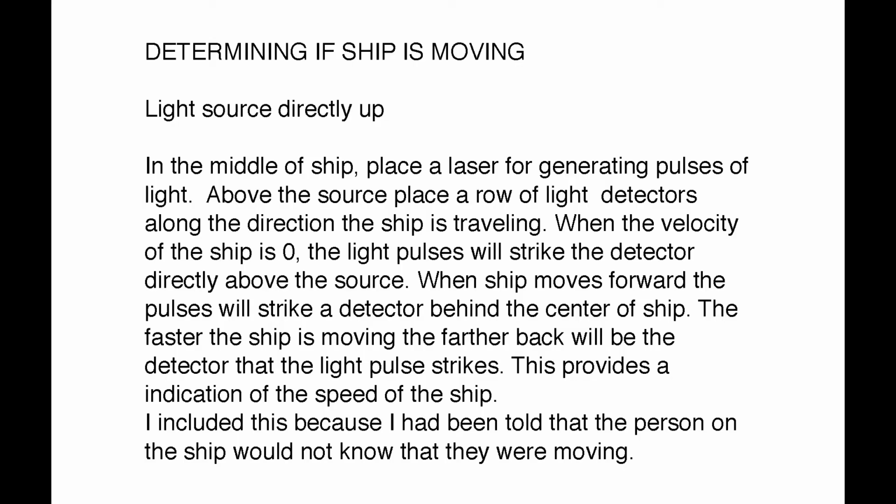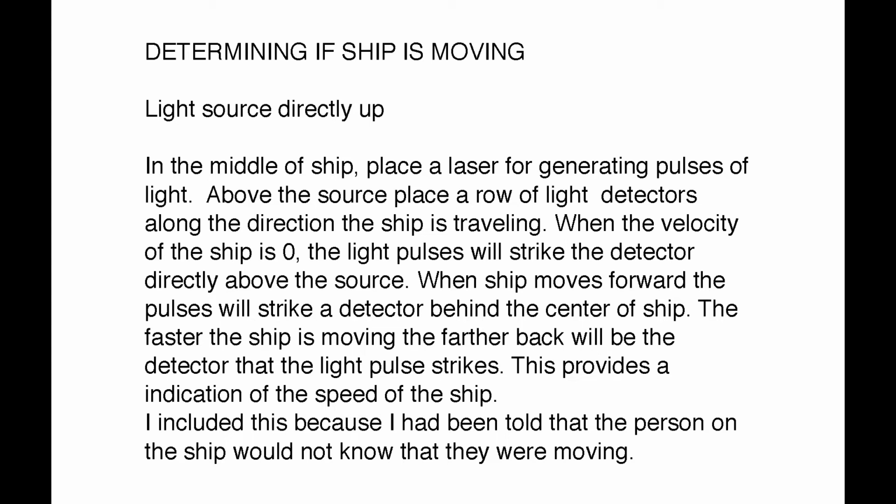Determine if the ship is moving. It is assumed that the light source goes directly up. In the middle of the ship, place a laser for generating pulses of light. Above the source, place a row of light detectors along the direction the ship is traveling. When the velocity of the ship is zero, the light pulse will strike the detector directly above the source.